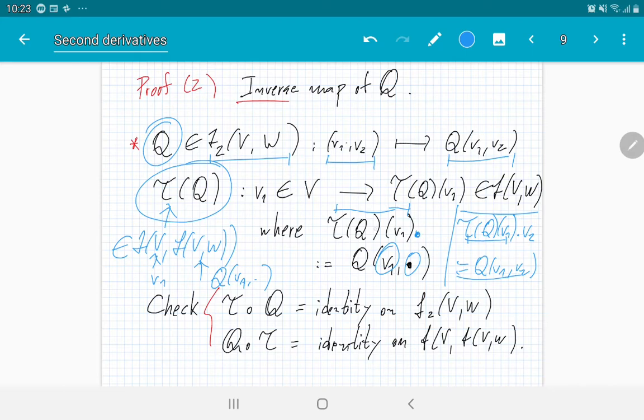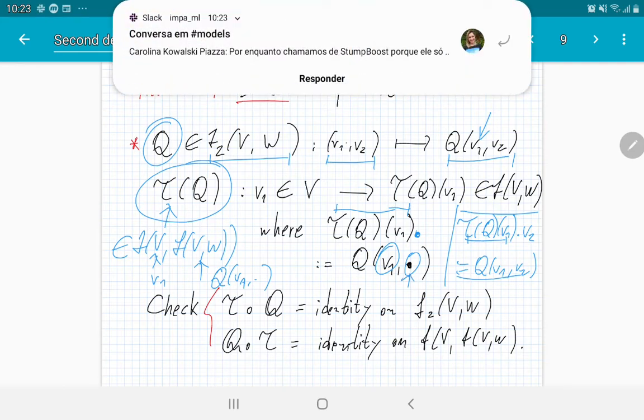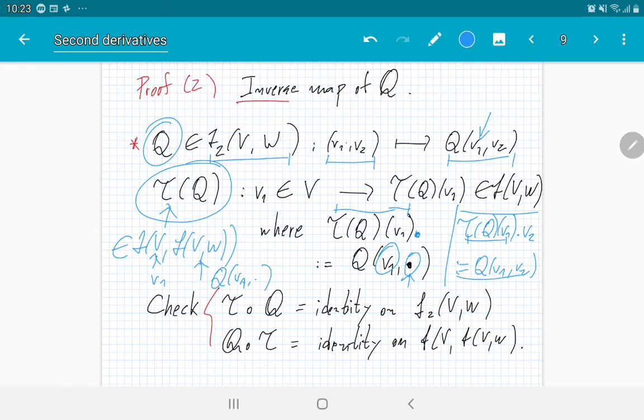So I'm just saying, if you fix one of the entries in the bilinear map, what you're left with is a linear map in the other entry. Now what you have to check is that tau defines a linear transformation from L2(V, W) to L(V, W).